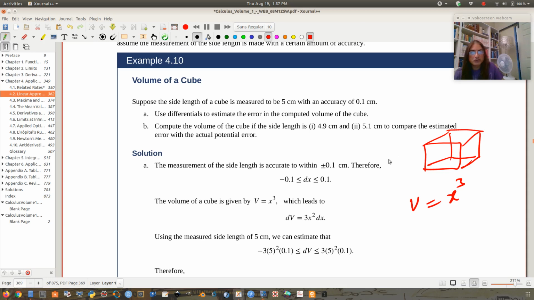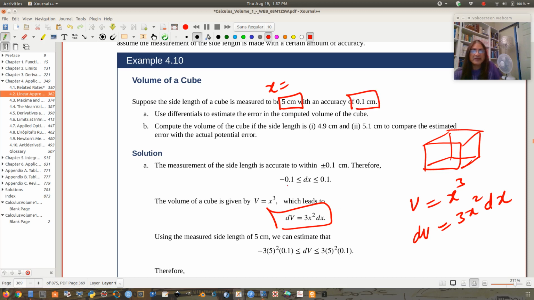So this is also obtained by approximating with dv. What is dv? This will be 3x squared dx. So let's say x is 5 centimeters, but with an accuracy of 0.1 centimeter. So dx is between negative 0.1 and positive 0.1.